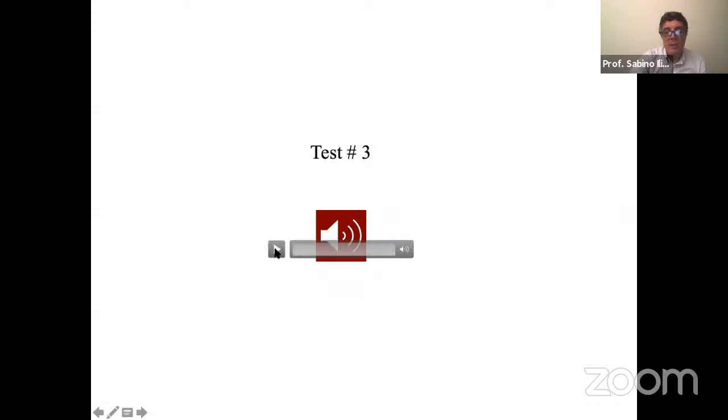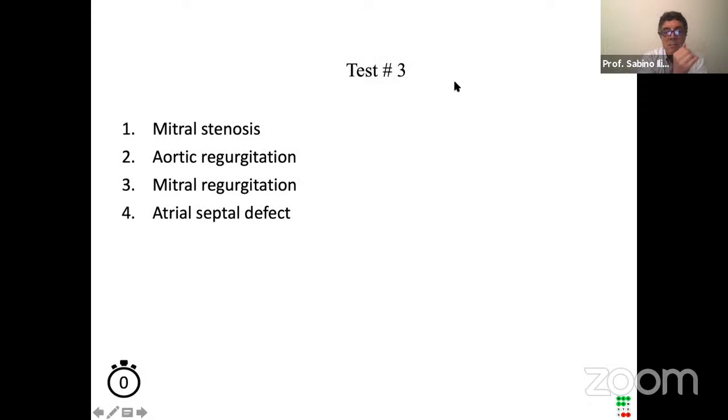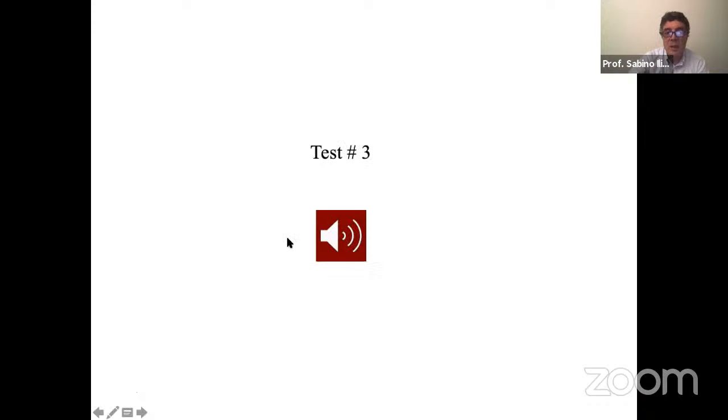So, number 1. So these are the 4 possibilities: mitral stenosis, aortic regurgitation, mitral regurgitation, atrial septal defect. Let's listen together again.